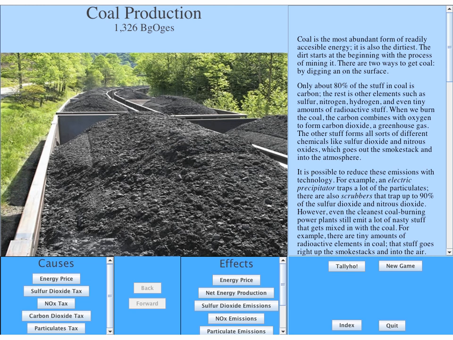The game is organized as a large hyperdocument, a causal network of all the different factors that contribute to our environmental problems. Each factor is connected to its causes and effects, that is, to each of the factors that it affects, as well as to each of the factors that affect it.